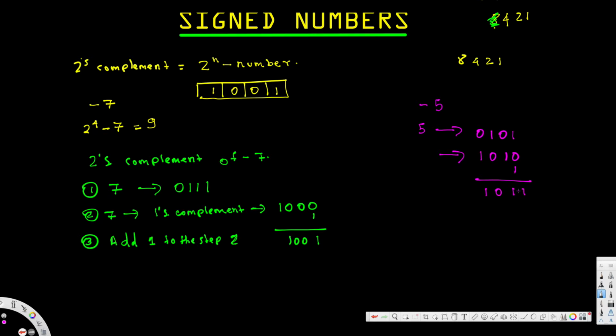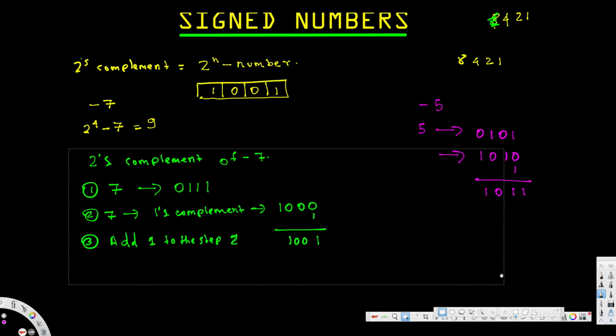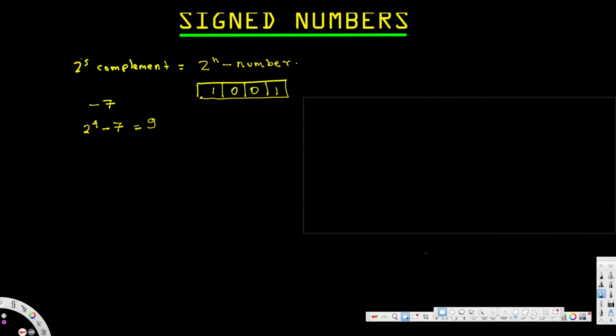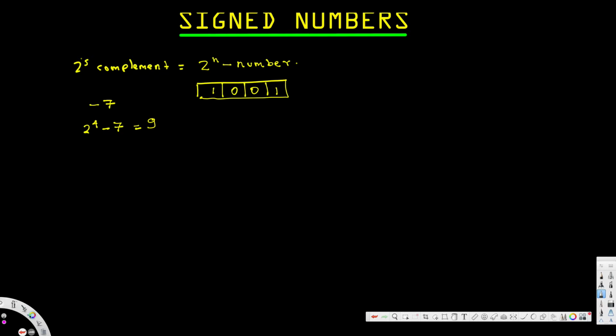Okay. And let's see what happens if we have negative 1. Let's get rid of this one. Negative 1. So 8 4 2 1. First we find 1. So 1 is going to be 0 0 0 1, because we just have to have 1.